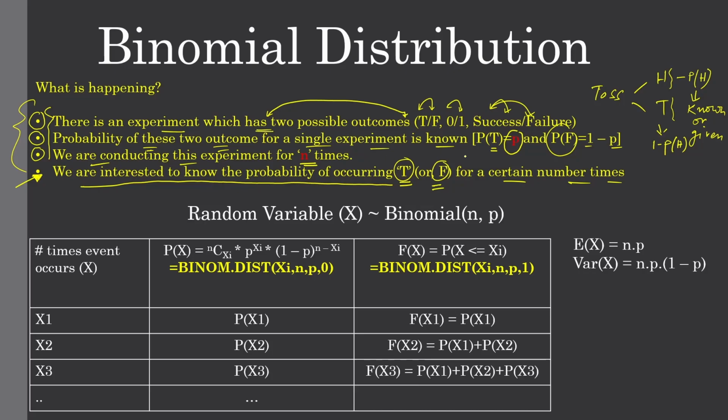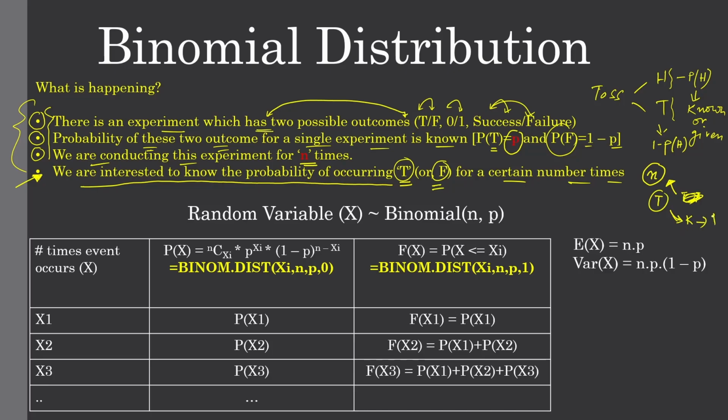That means you have conducted the experiment n times. We are interested to know the probability of occurring just one, suppose true, a number of times, for example, k number of times.